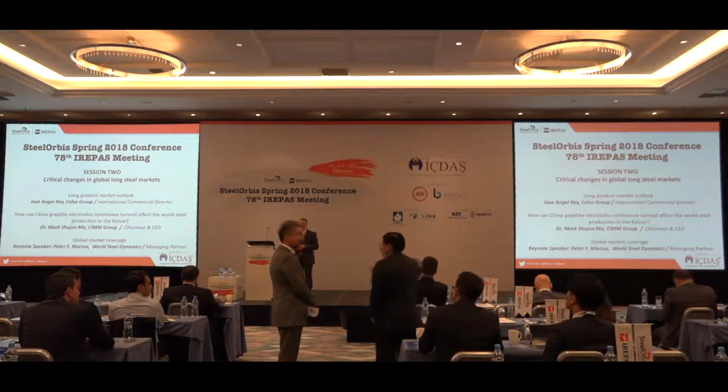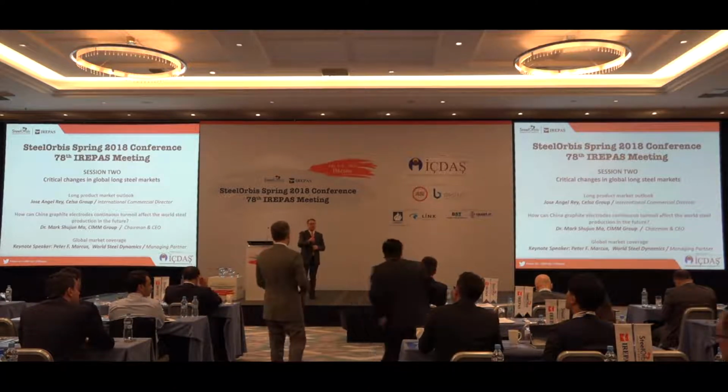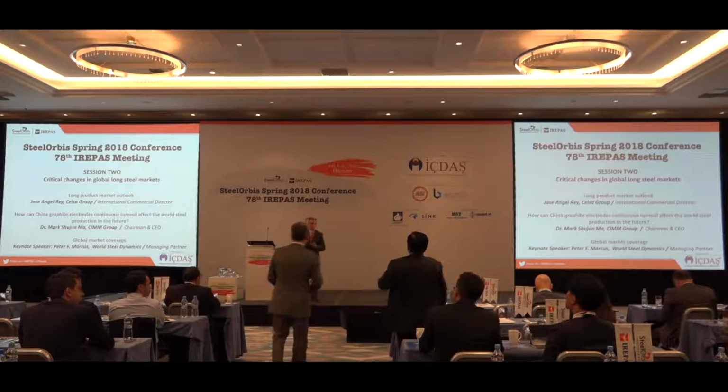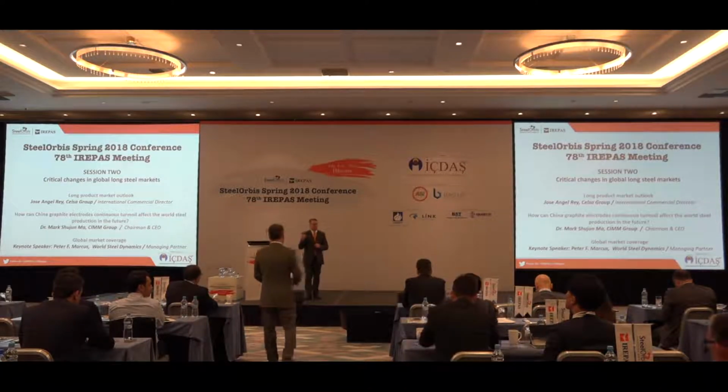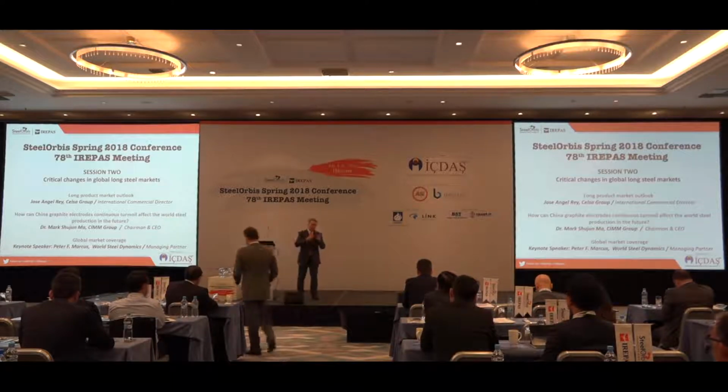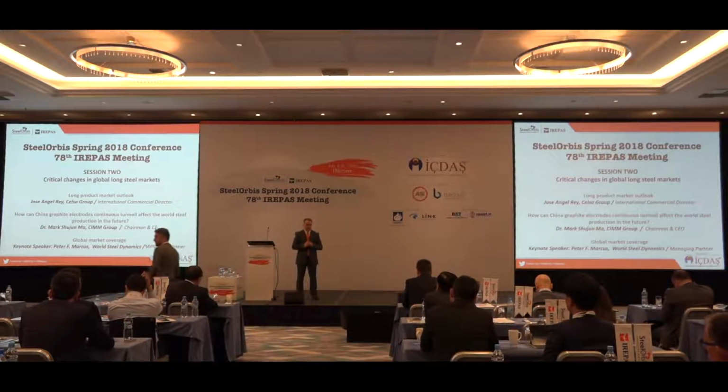Well, you mean capacities for raw materials or for crude steel production? For steel production, if you remember my presentation, now we are at around 70% crude steel production capacity utilization ratio.